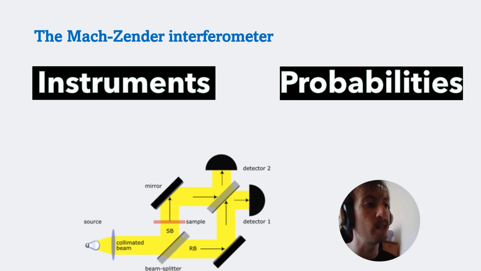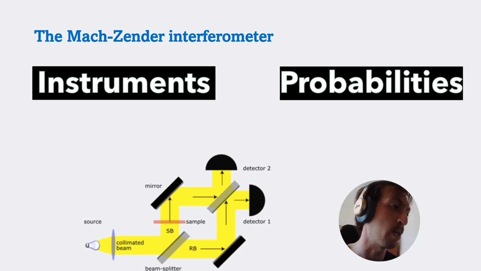What that means is when the photon hits our first beam splitter after passing through a lens, which is ensuring this photon travels in the horizontal direction, once it hits the beam splitter, it can either travel vertically upwards or horizontally to the right. It can't travel in both directions at the same time. Because of this, there are two distinct classical paths the photon can take.